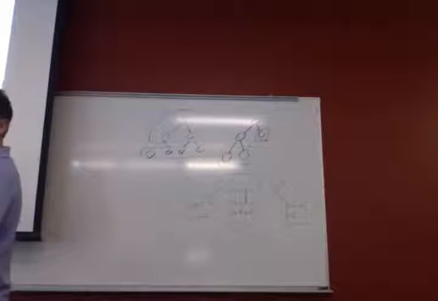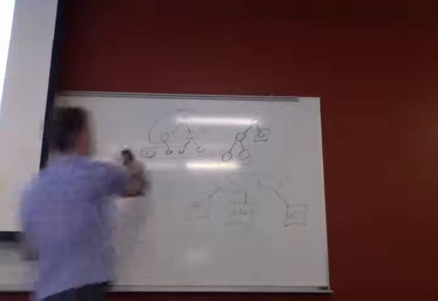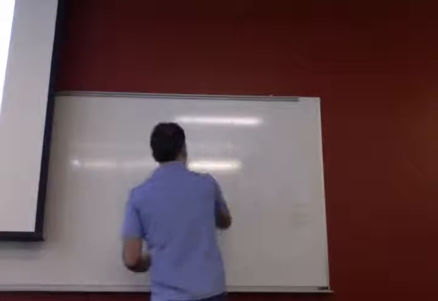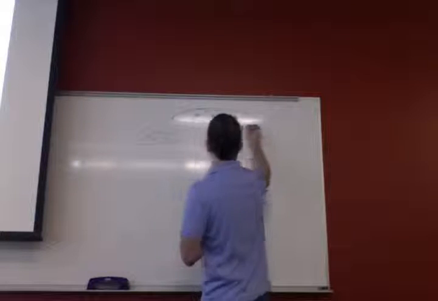Let's do an example. My root has 10 and 15 on it. It has a child 2 and 8, has a child 12, and then has a child 18.